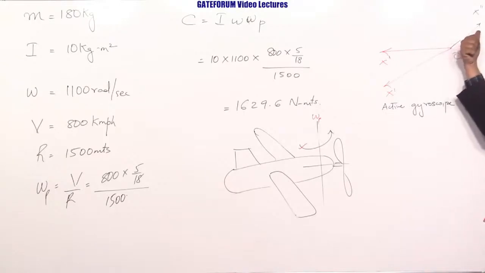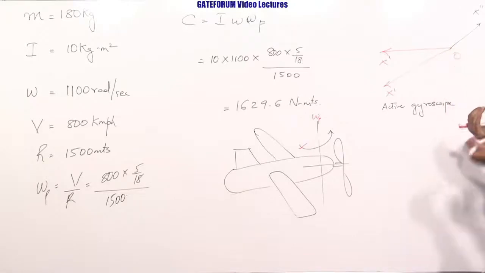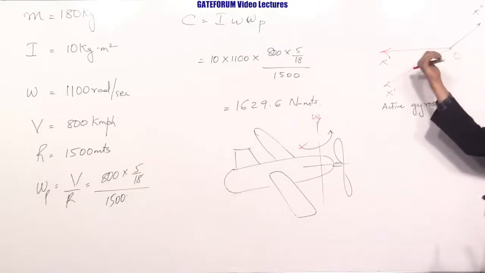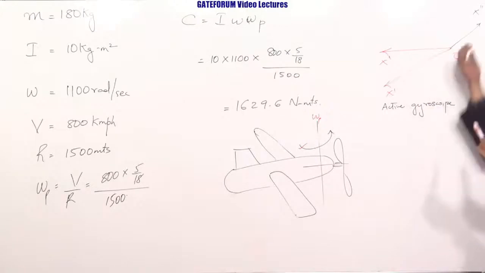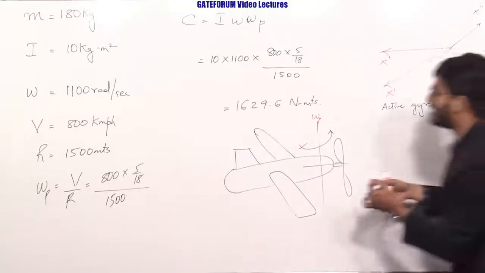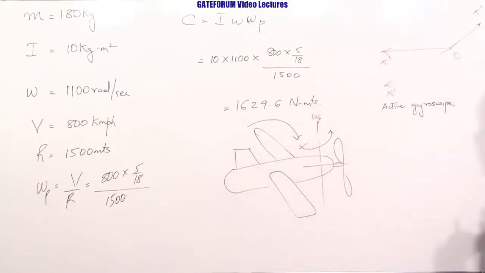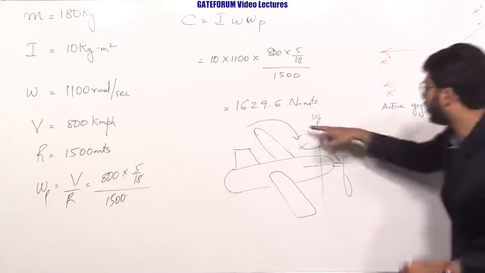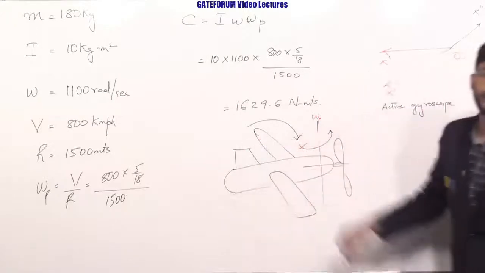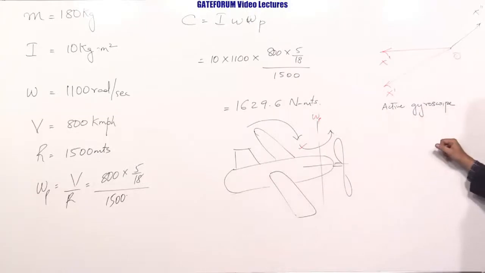The thumb is directed away and the fingers are curling in the direction of this vector. Replace that vector here, and you will see that the nose will be dipping and the tail will be raising, which matches with option B. So this is the end of the answer.